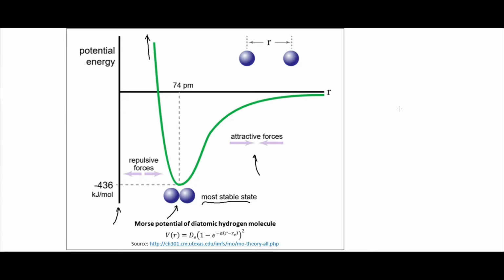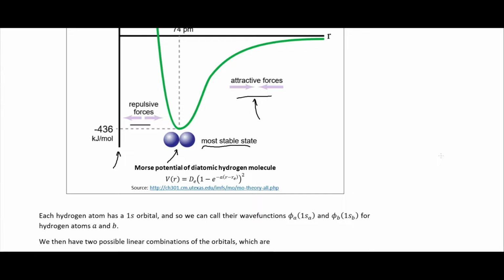But I won't be talking about that here. If we are just thinking about the electrostatic force, then the repulsion will go to infinity as the two nuclei get closer and closer together. And so we need it to be close enough that we have the electrostatic attractive forces here, but far enough away that we don't have these repulsive forces here.